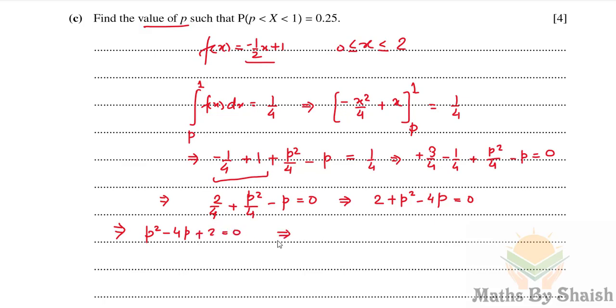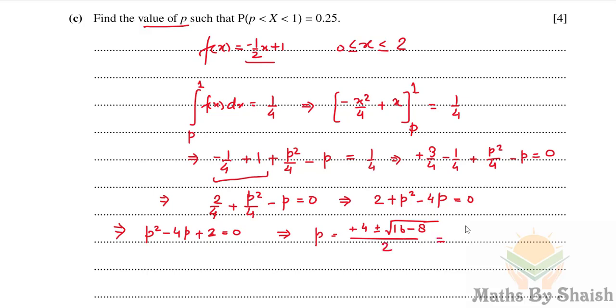We can see we cannot use splitting the middle term, so we are going to use the quadratic formula to find the value of p. p is going to be minus b, that is plus 4, plus minus the root of b squared, 16, minus 4 times 2, that is 8, over 2a, that is 2.